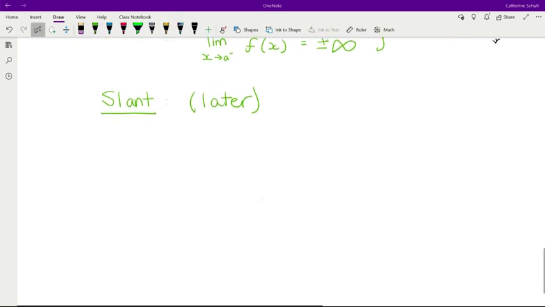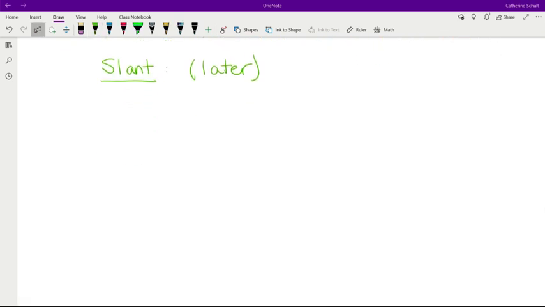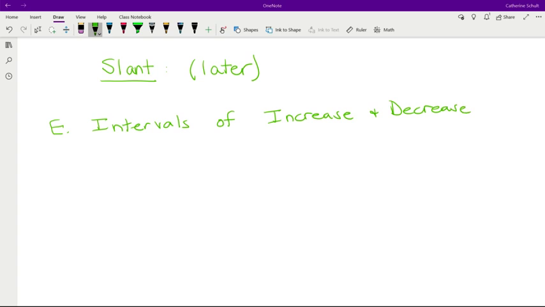Now we're going to get into the things we learned in Chapter 4. So we're going to want to include the intervals of increase and decrease. The ID test. So that's when we find the derivative and we figure out where the derivative is positive and negative.